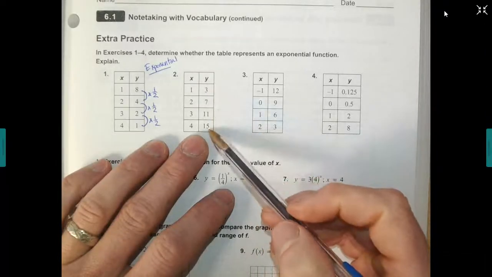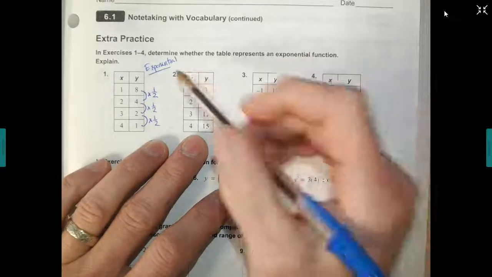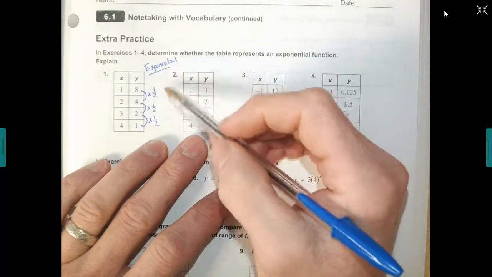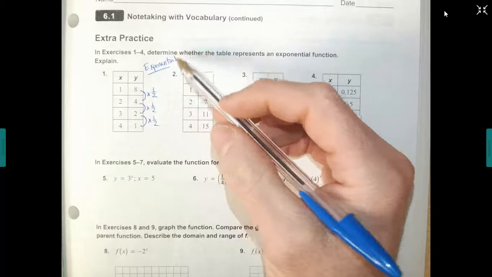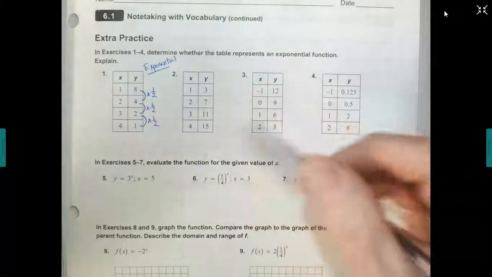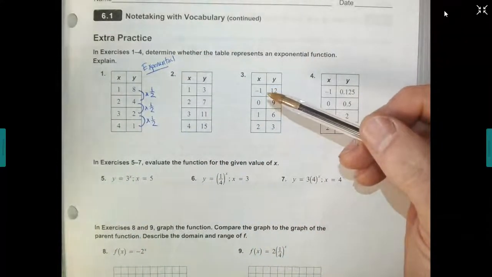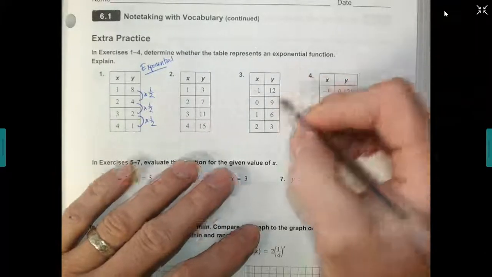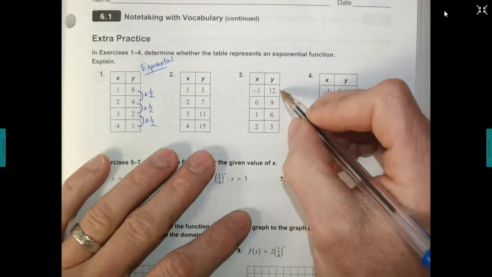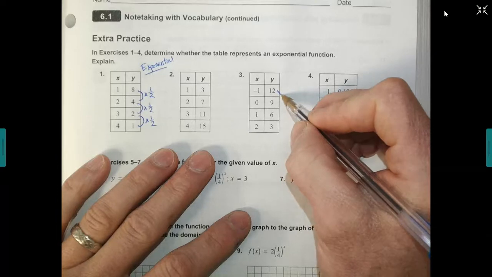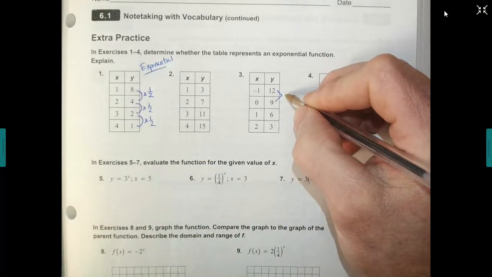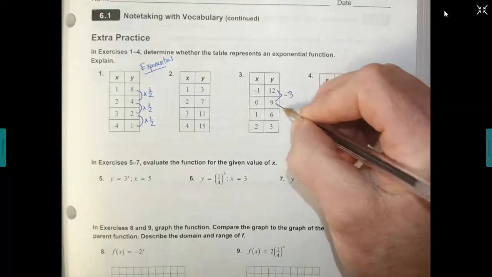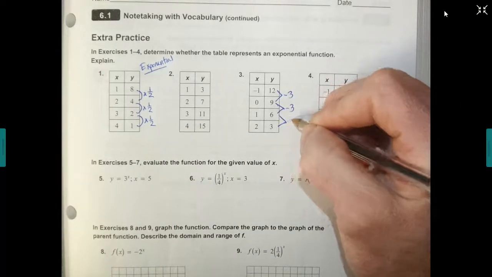So check this one out. See if it's exponential. Exponential is when it multiplies by a number or fraction. When it's multiplication, it's exponential. If it's just adding or subtracting, if it's a consistent adding, then it would be linear. So let's look at this one. For number 3, subtract 3, subtract 3, subtract 3.